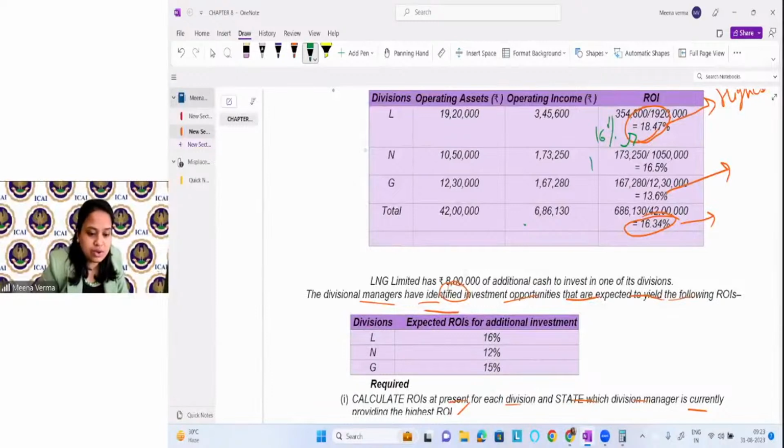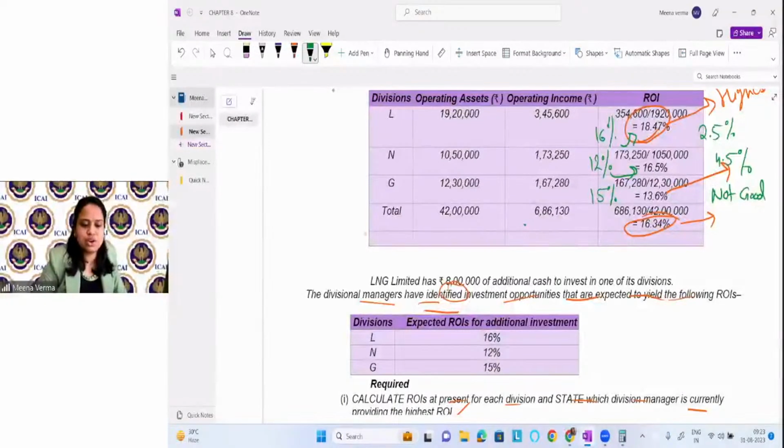Then here 12%. Instead of 12%, the result is 16.4%, 4.5% more than expected. For 15%, it is not good, because your expectation was 15%, but your return on investment here is 13.6%, which is not good.